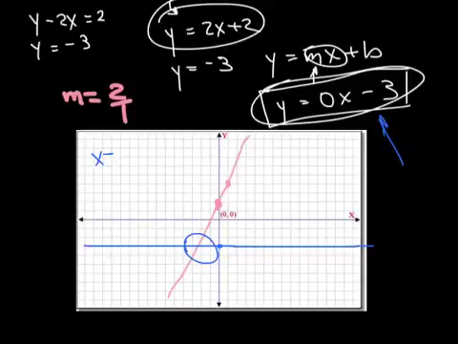So what does that look like? X is around, now how far am I from here? 1, 2, I'm just going to say 2.5. -2 1/2 maybe. And my y value is from here, 1, 2, well obviously it's going to be 3 because it's on that line, so it's going to be -3 there.